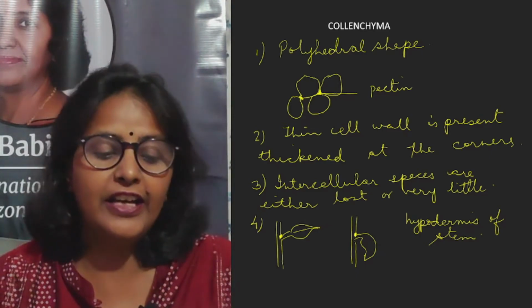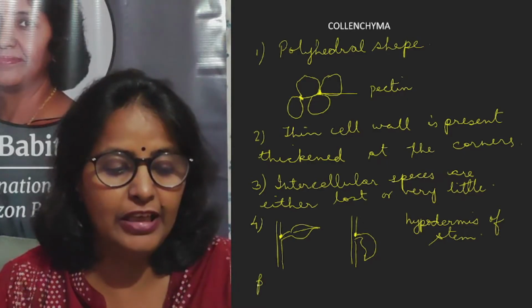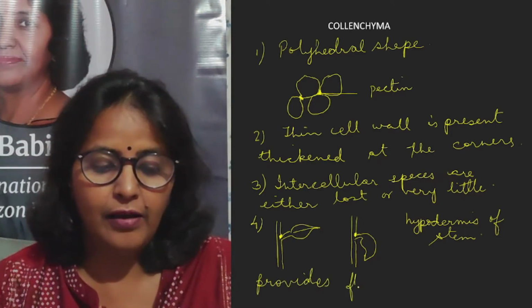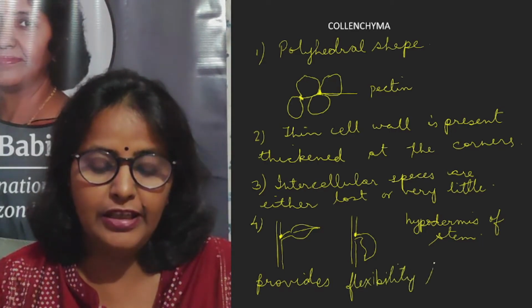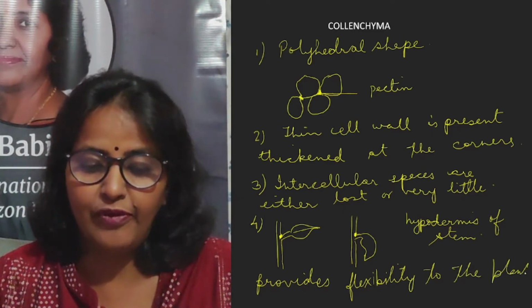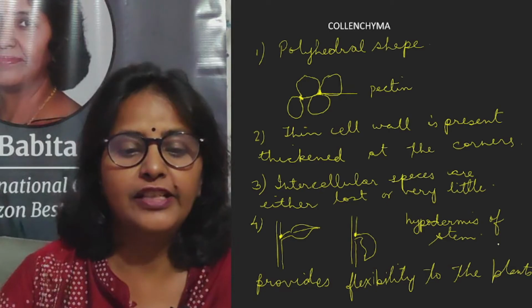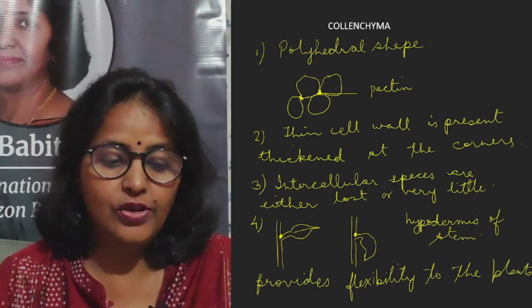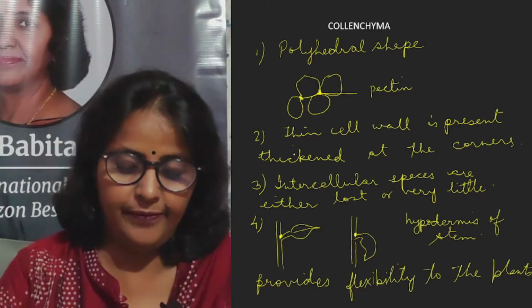So this collenchyma provides flexibility to the plants. And how is this flexibility provided? With the help of this pectin, which is deposited at the corners. So this is all about collenchyma.